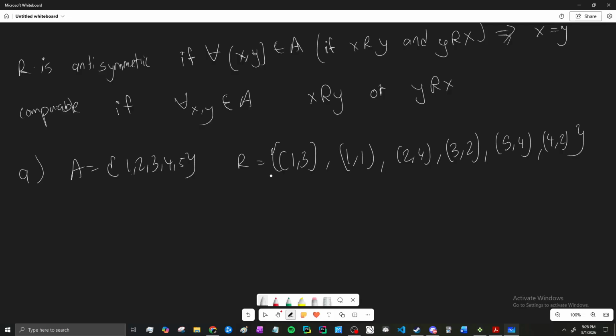If x is in y and y is in x, then x equals y. So this is true. So what about 1, 2 now? It's not here. 1, 3 is right here. So is 3, 1 in here? No, it's not.